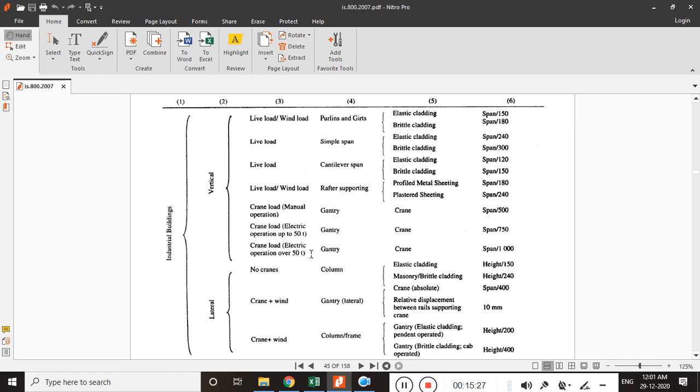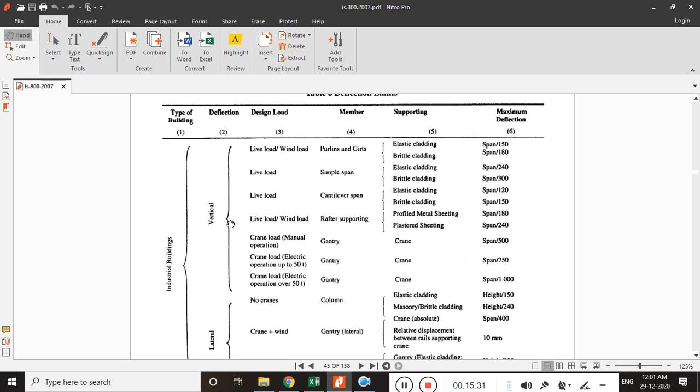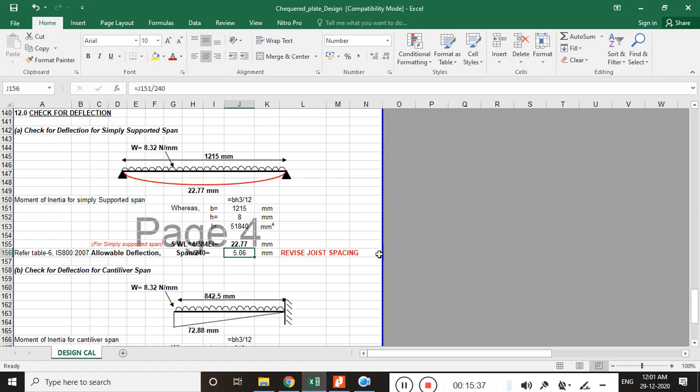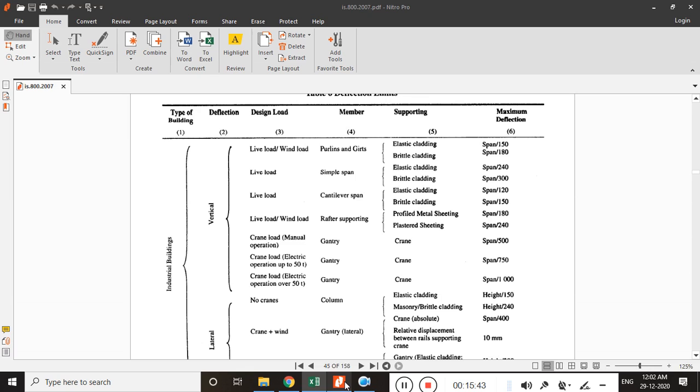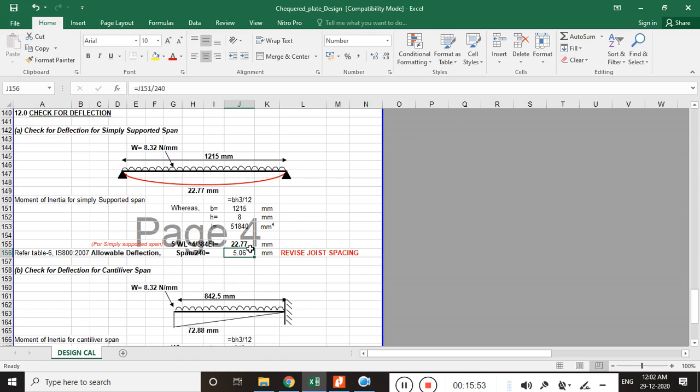For the simply supported condition, for the simple span, for the vertical deflection, because the plate is in a horizontal position and the deflection comes in the vertical direction. This is a simple span with elastic cladding and brittle cladding. We have steel with elastic behavior, so span by 240. So this is 5 mm coming.